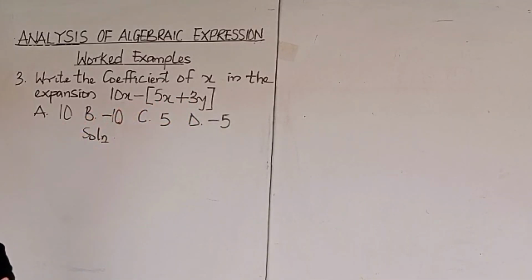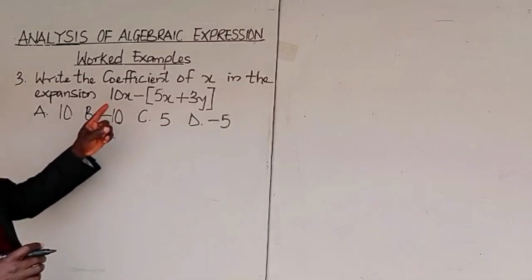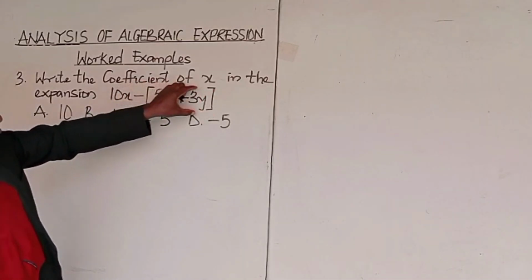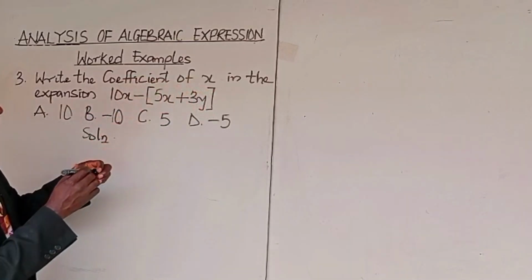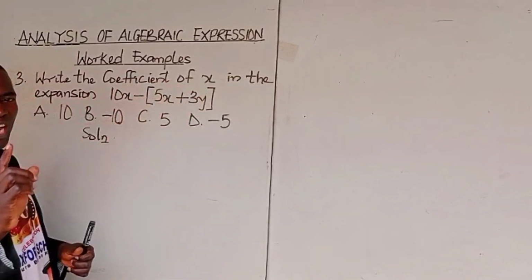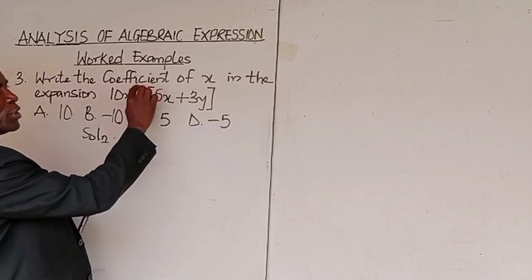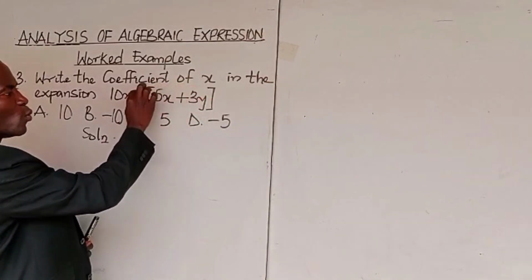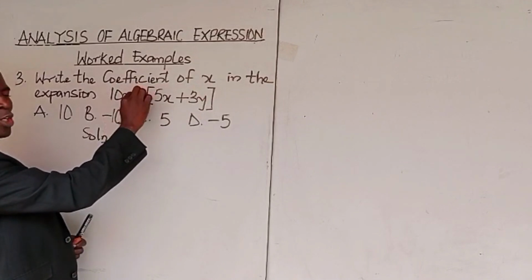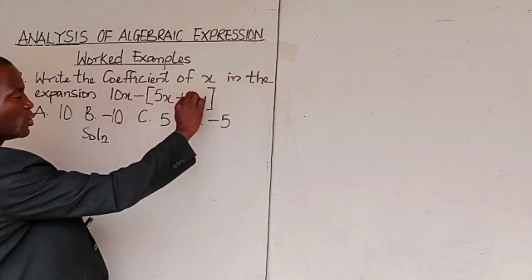If you want to solve this type of problem, you will first of all understand that there is a door here, there is a room. Before you can have access to what is inside the room, you have to first and foremost open the room with a key.